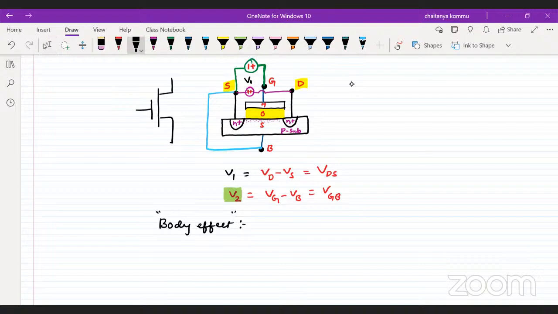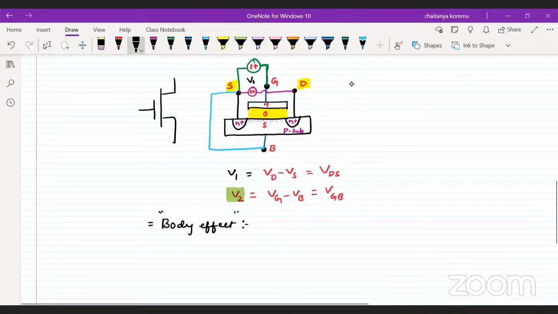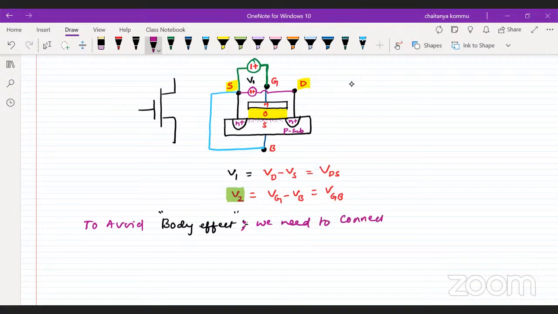To avoid the body effect, we need to connect our source and bulk.